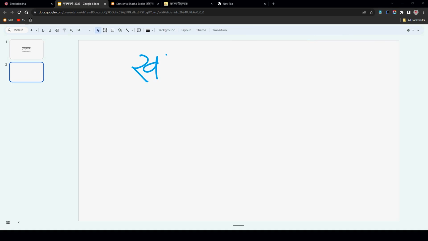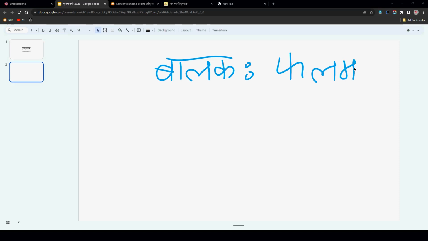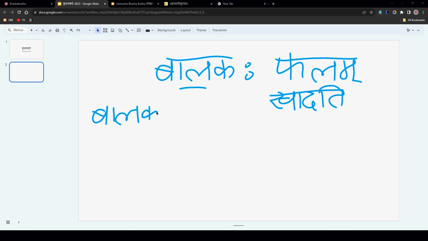If you just look at the simple lat lakara, balaka phalam khadati, this is a kartari prayoga. How do you change this to karmani? Balakena phalam khadyate.